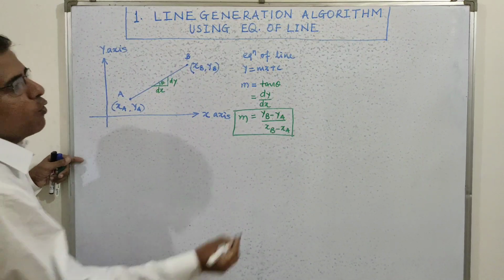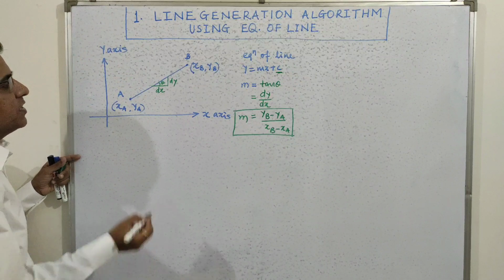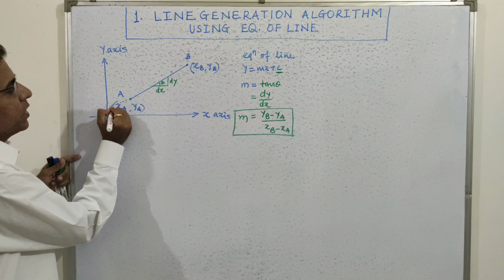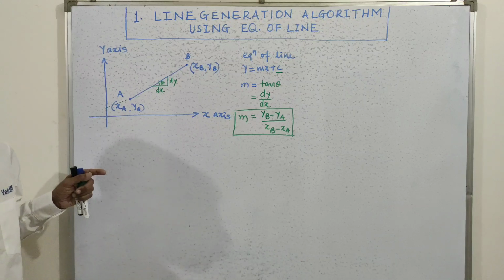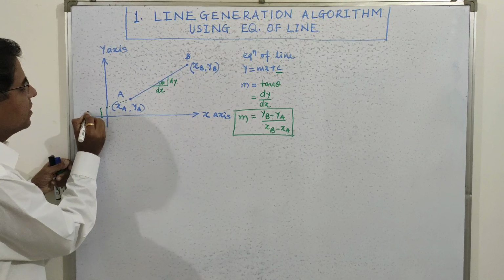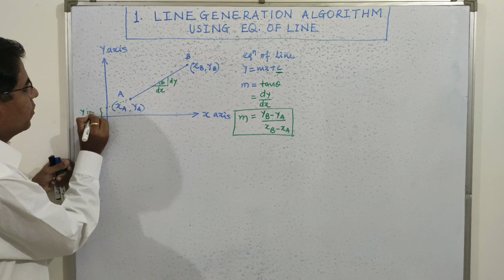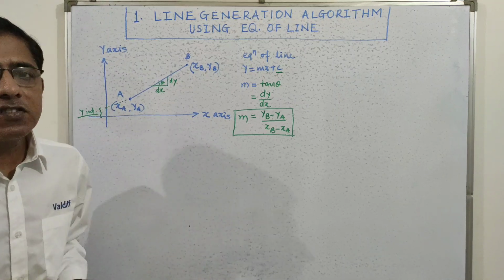Okay. Now what is this c? C is the y-intercept. So if you extend this line so that it intersects with y-axis, then this is the y-intercept. So how to calculate this y-intercept?